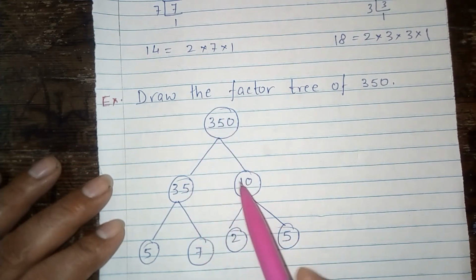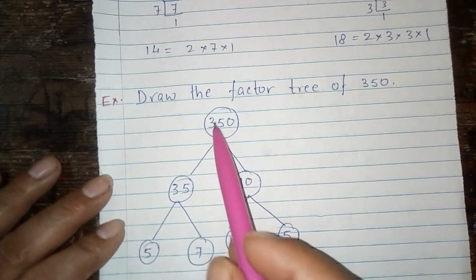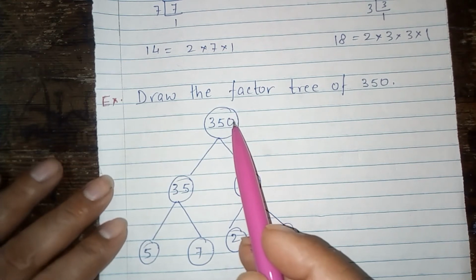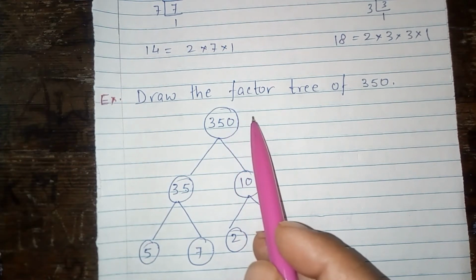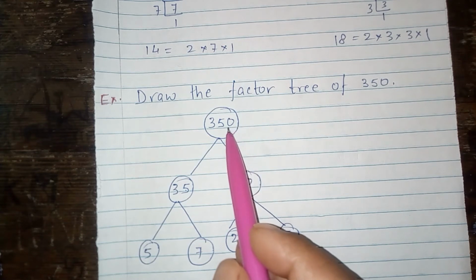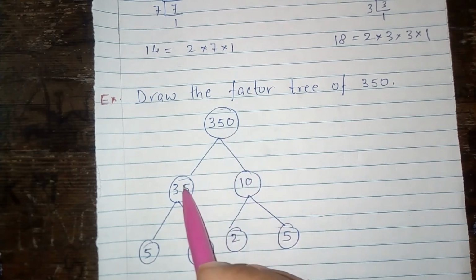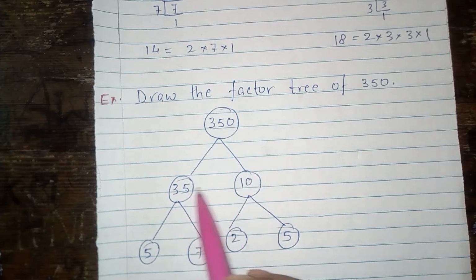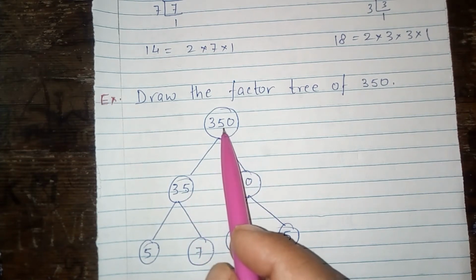As you are looking, 35 times 10 gives 350. As you know, 350 is a composite number, and a composite number is a product of two numbers. Look here, 35 times 10 is 350.